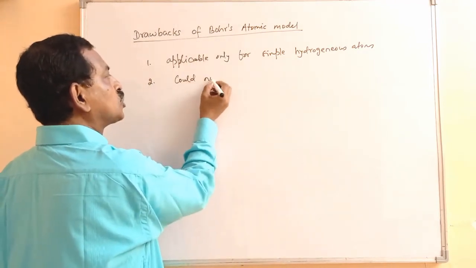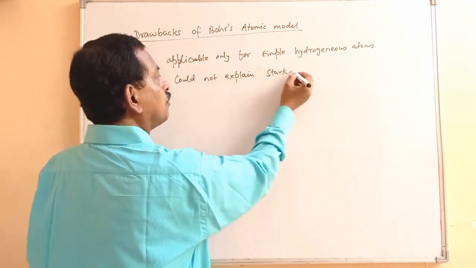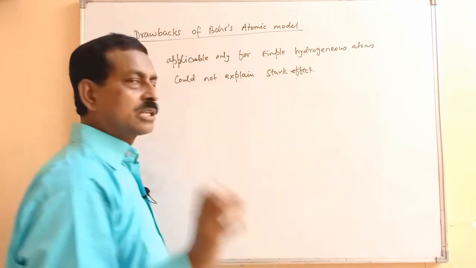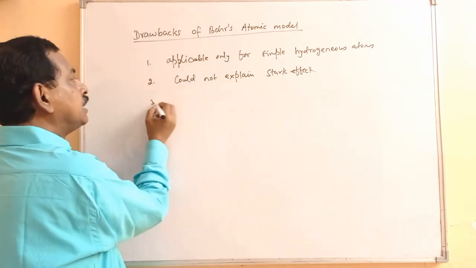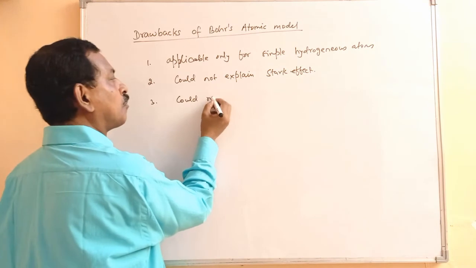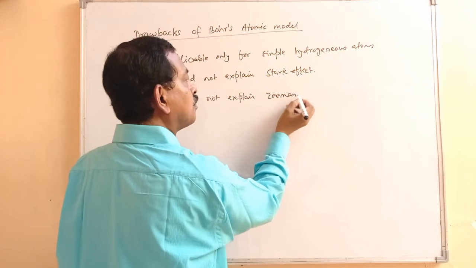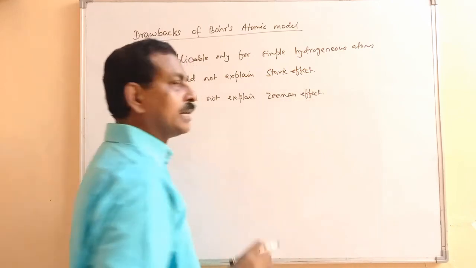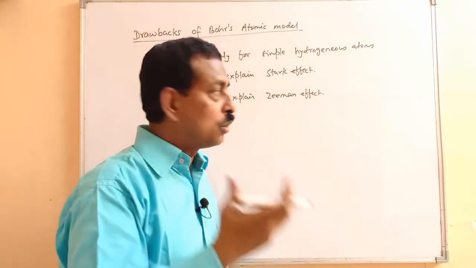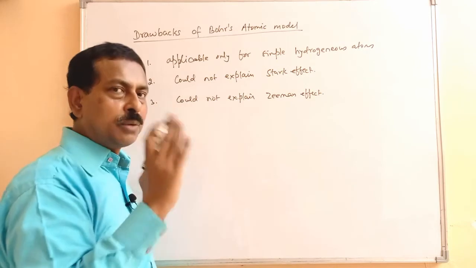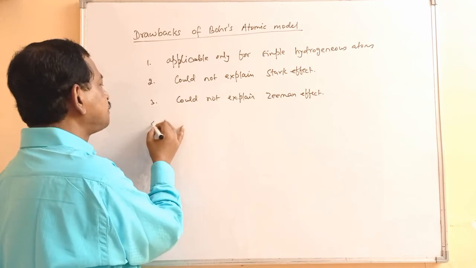Then it could not explain the Zeeman effect, that is the splitting of spectral lines in a magnetic field. So this is also one of the drawbacks of Bohr's atomic model, or Bohr's atomic theory.